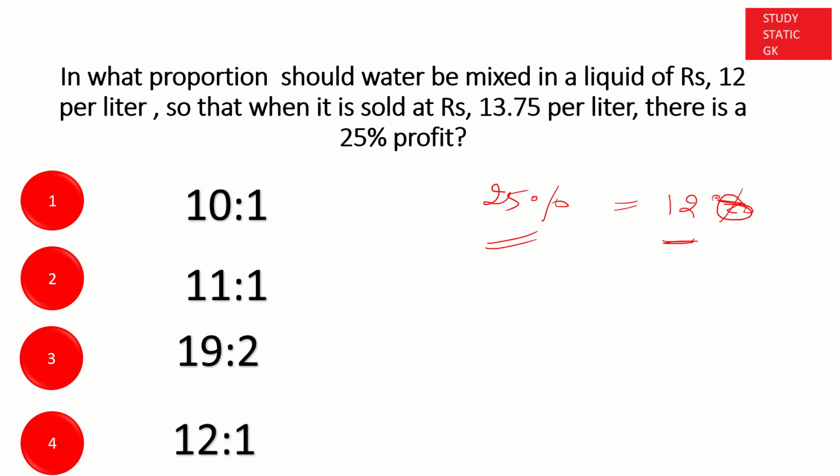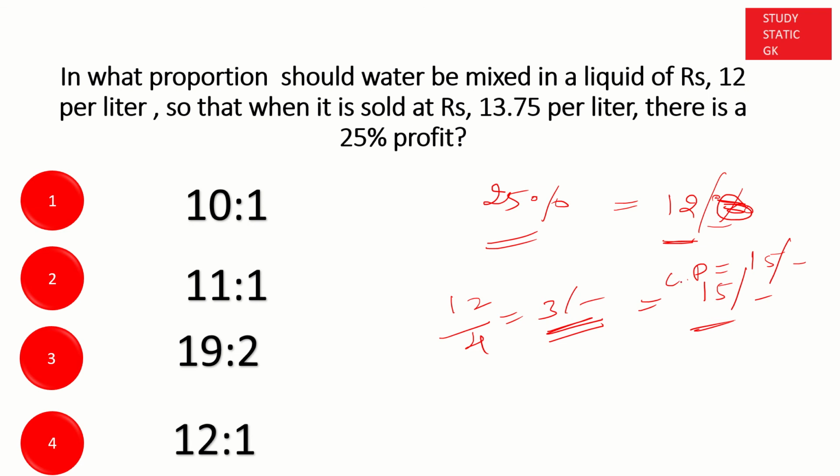Right, sorry, not percentage, 12 rupees. In 12 rupees, 25% means 3 rupees should be the profit. That means 15 rupees should be the selling price of the liquid. If 15 rupees is the selling price and the cost price is 12, then he would arrive at 25% profit.